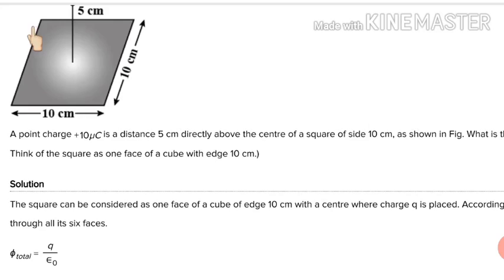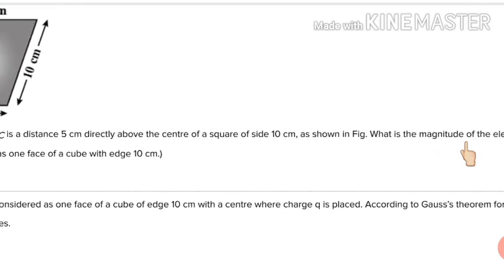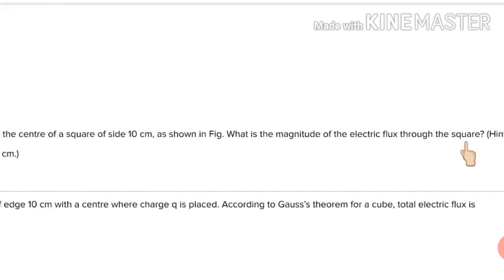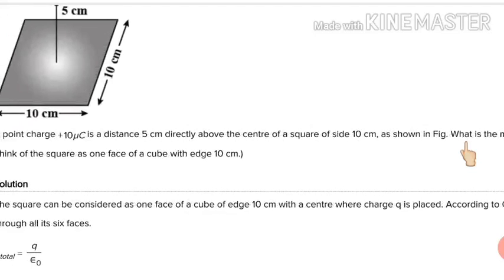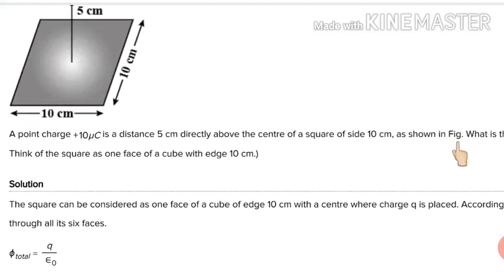So this is the square whose side is 10 cm, and at this particular position one charge is there whose magnitude is 10 microcoulomb, and the distance of this charge from the center of the square is 5 cm. What they're asking us to calculate is the magnitude of the electric flux through the square. And a hint they have also given us: think of the square as one of the faces of a cube with edge 10 cm.